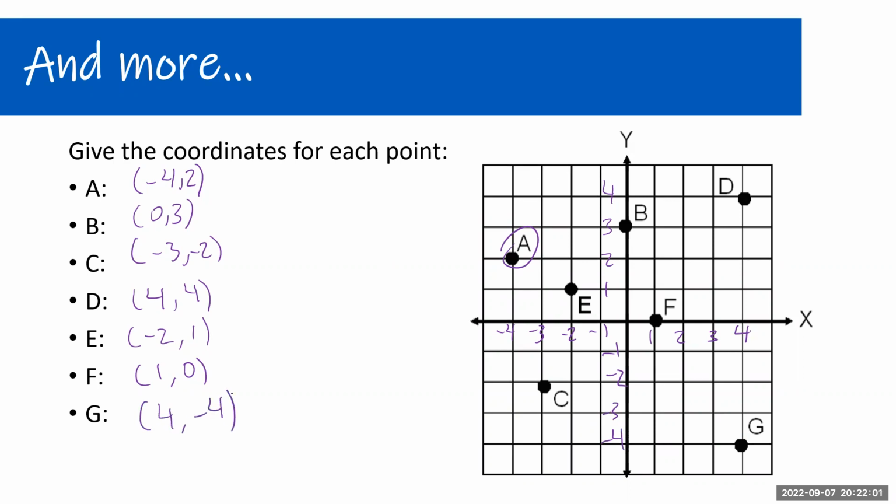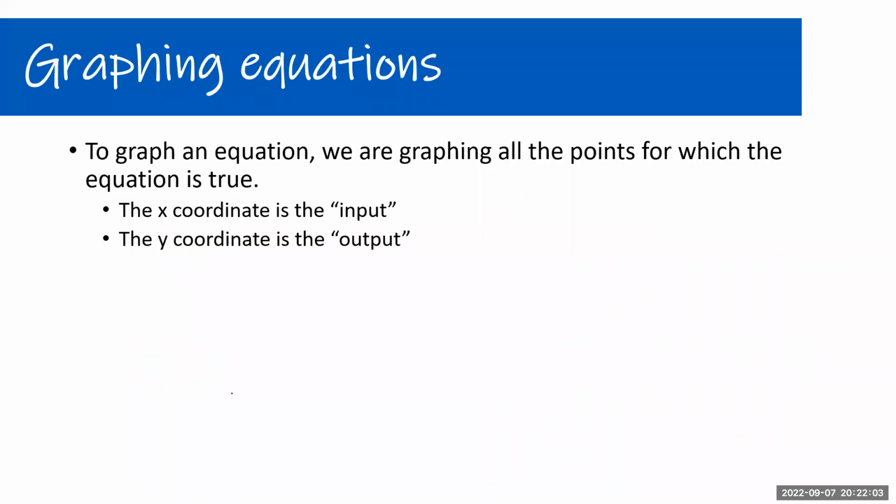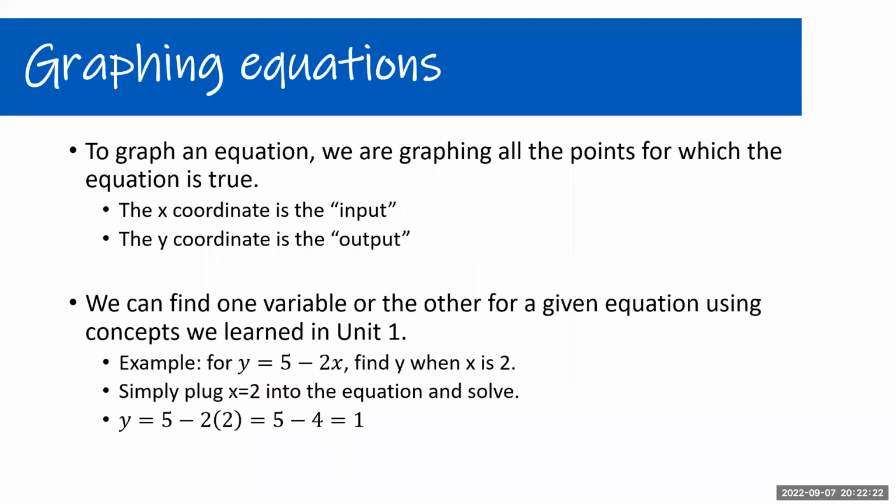Now, if we want to graph equations, we want to graph all the points for where the equation is true. So we're going to end up with a line, okay? The x coordinate is what we call the input, and the y coordinate is what we call the output. So x happens, we put that value of x in, and it spits out whatever y is. And we can find one variable or the other given what we learned in Unit 1.